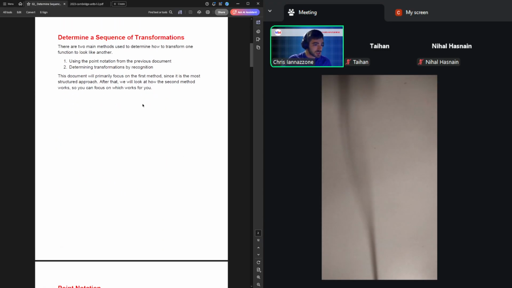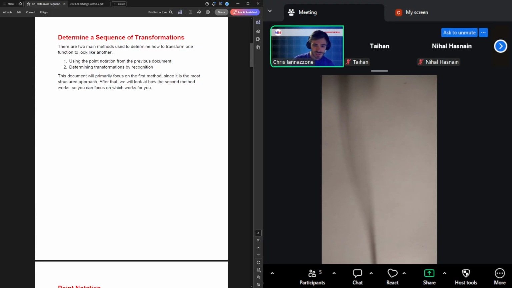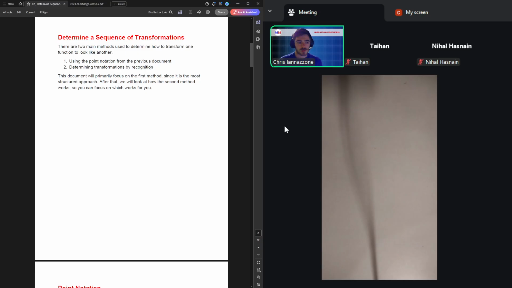So there's a couple of ways you can do this as well, beyond just getting different answers. You can use the point form notation that we were having a look at in a lot more detail last lesson, or you could do what's referred to as transformations by recognition, which is typically a bit faster, but tends to have a bit more room for error unless you're quite used to using it already.